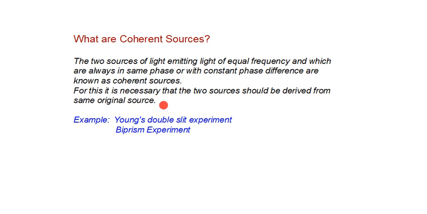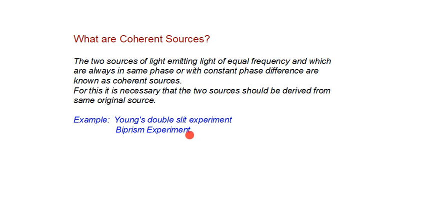So, when the two sources are derived from the same original source, then we can have the coherent sources which will emit the light of equal frequency and which will always be in the same phase or will have the constant phase difference throughout. The two examples are Young's double slit experiment and biprism experiment.